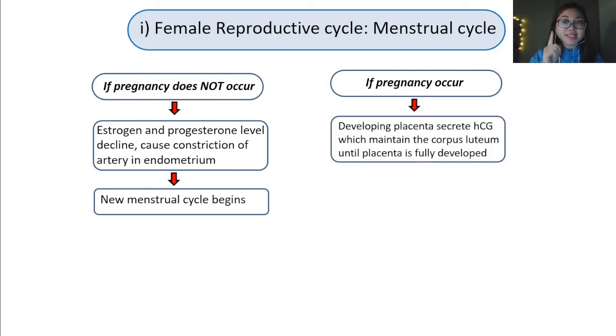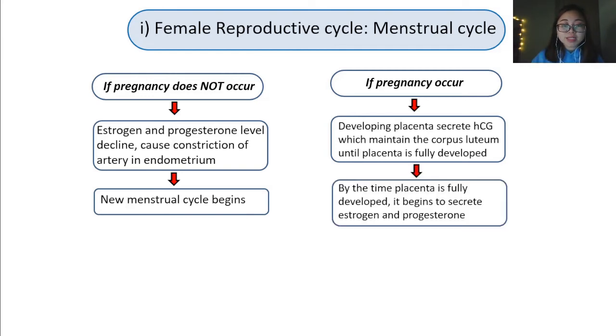But if pregnancy does occur, then the zygote will implant. Okay, zygote akan terbenam dalam endometrium. Pelan-pelan dia akan menjadi placenta. The developing placenta will secrete another hormone called HCG, which will maintain the corpus luteum until the placenta is fully developed.